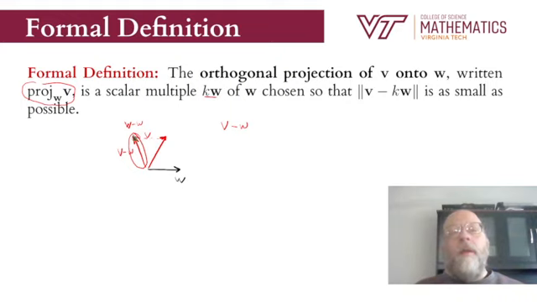Well, there's a way to do that. No matter how much I scale W by, if I double W, it's out here. If I take just half of W, it's in here. And the vectors that we get look like these. And the shortest one will be the one that makes a perpendicular.